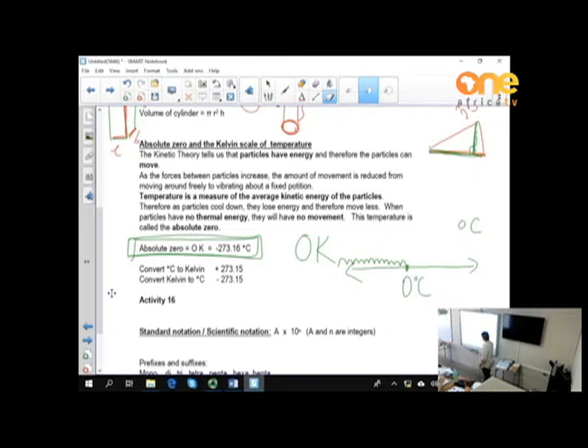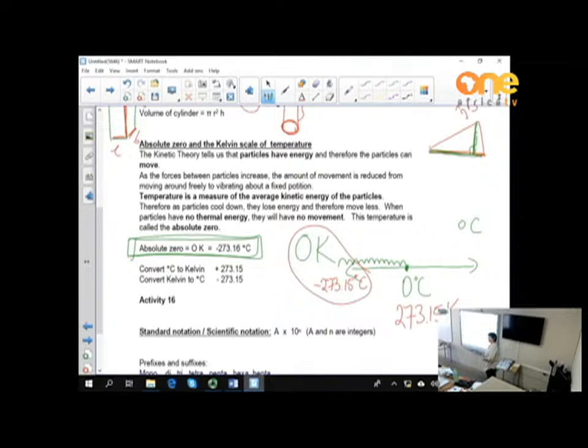But would that be 0 degrees Celsius? Nope. 0 degrees Celsius is equivalent to 273.15 Kelvin. So if I go to minus 273.15 degrees Celsius, I will have 0 Kelvin.